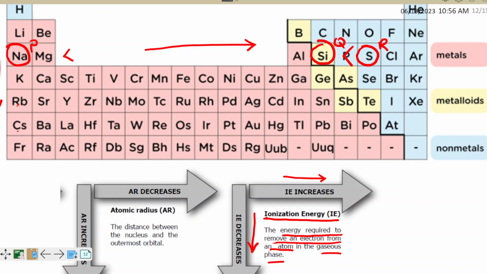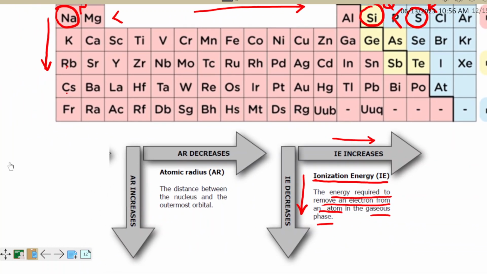The arrow on the left is talking about the atomic radius, AR. The atomic radius is the distance between the nucleus and the outermost orbital, which means that the arrow here is saying from left to right, the atomic radius is decreasing.